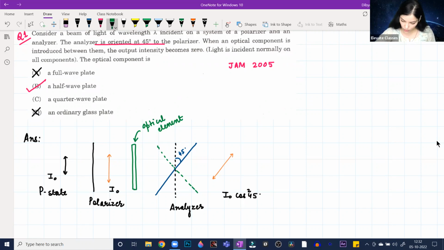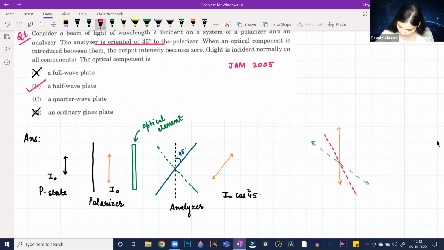Basically, the light coming from my polarizer is coming like this, and I want to rotate it by 45 degrees. It should come like this. So that means I will have to orient the optic axis of my half wave plate like this.